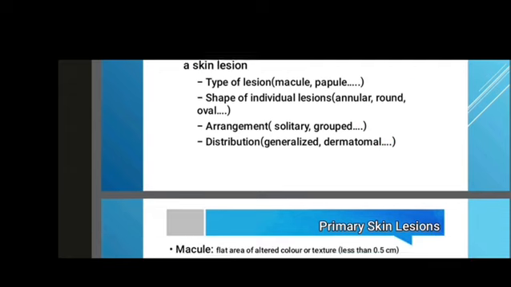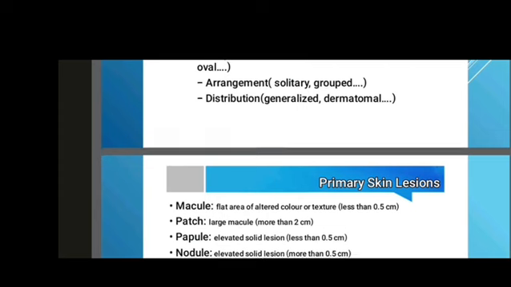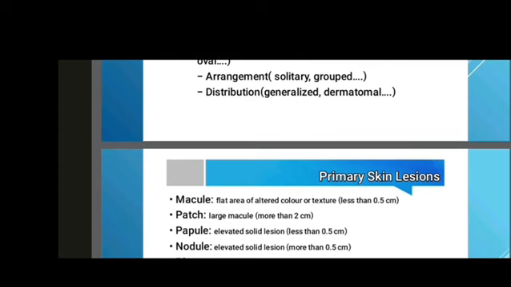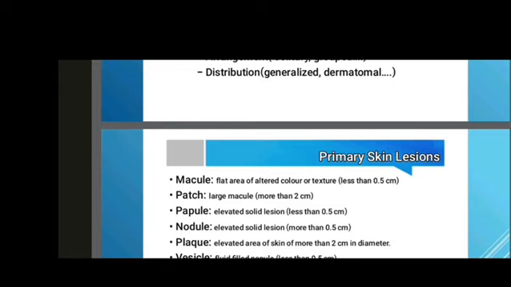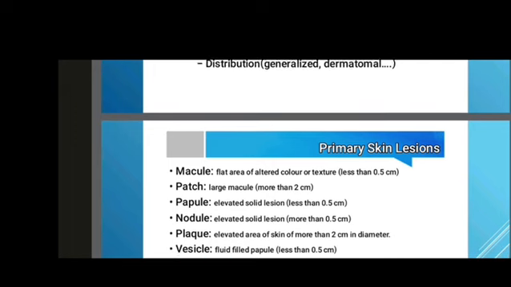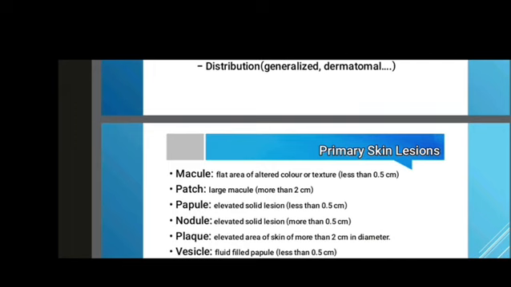When we come to primary skin lesions, of course, in dermatology those terms are very confusing. First, we are going to see the important, confusing dermatological terms, which are the primary skin lesions.